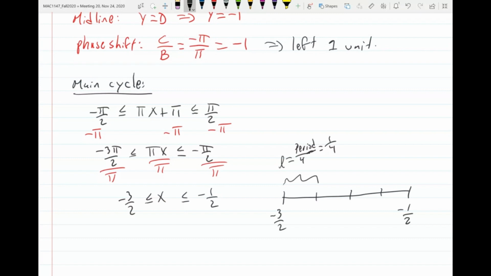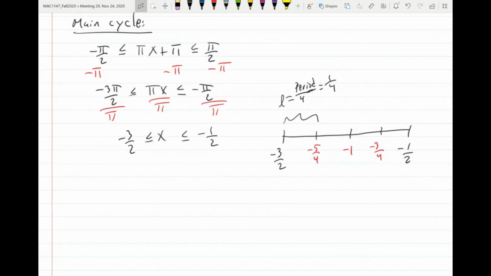Okay, so -3/2 plus 1 over 4 to figure out each of the little pieces. What is this? So 3/2 is the same thing as 6 over 4. So -6 over 4 plus 1 over 4, that's going to be -5 over 4. Then another 1 over 4, that's -4 over 4, or -1. And then -3 over 4. And then another 1 over 4, that would be -2 over 4, which is -1/2. So we are good.